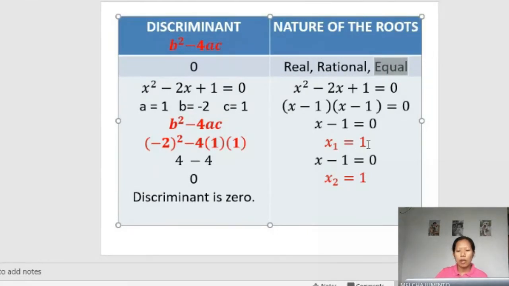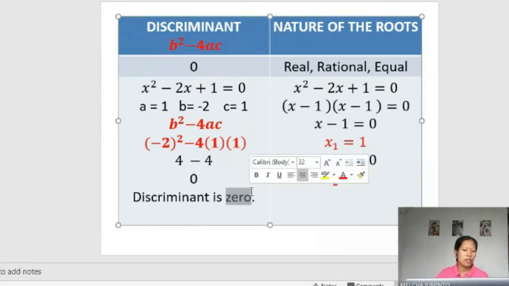And those roots are 1 and 1. There are still 2 roots, and both of them are real numbers, and they are equal. They become equal because the discriminant is 0. That is the first nature of the roots based on the discriminant.